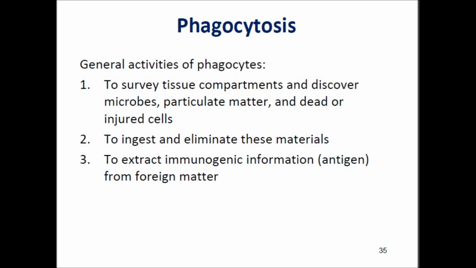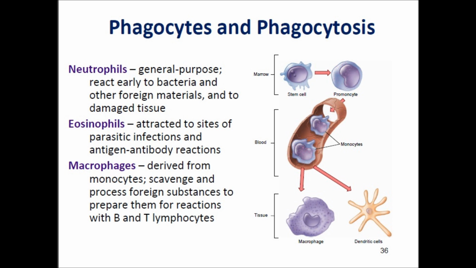And so these phagocytosis-capable white blood cells, and you can go back to your page, are neutrophils. We talked about those. Most of the white blood cells we have, their general purpose, they're one of the ones that you find the most.